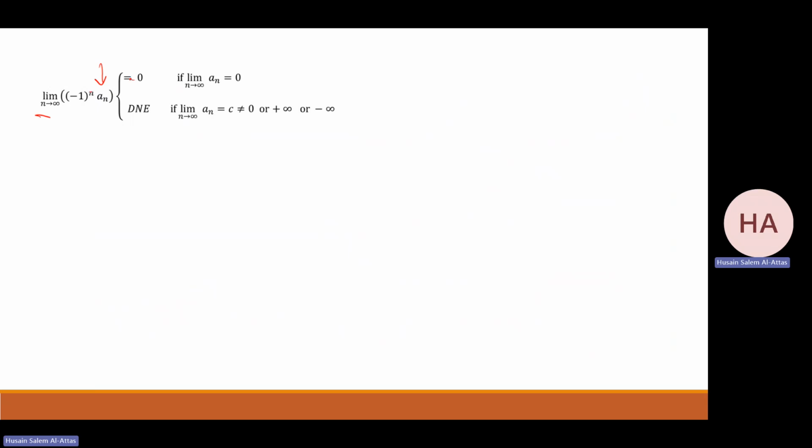Find the limit of a_n. If it is 0, then the result is 0, converges. If the limit of a_n without the minus 1 to the power n is equal to a value that goes to infinity or minus infinity, then we say the limit does not exist, and it diverges.